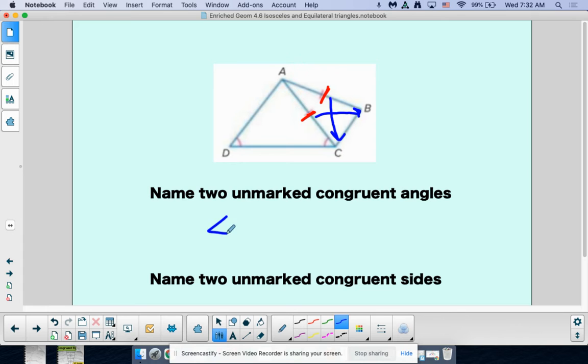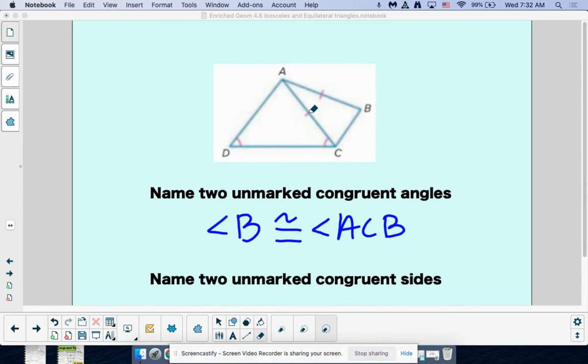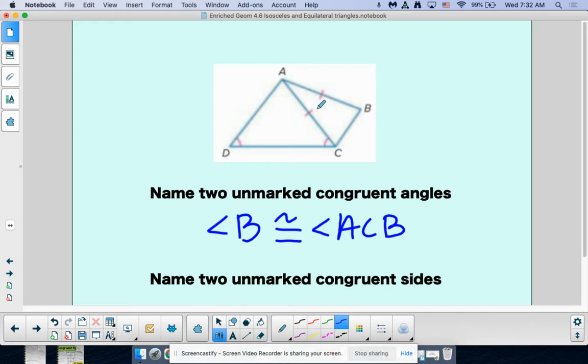So we know angle B is congruent to angle ACB. You guys see how they weren't marked, but we still knew that they're congruent? There's no marking telling me that other than that these two sides are congruent. So that's how we knew, okay?